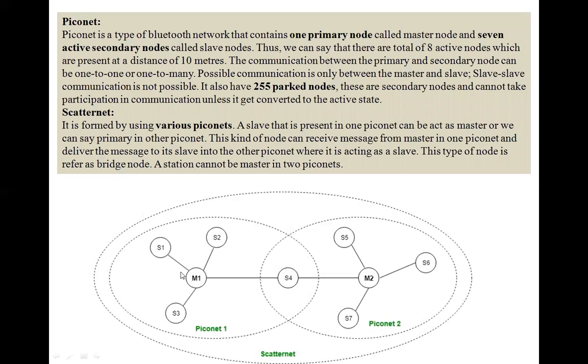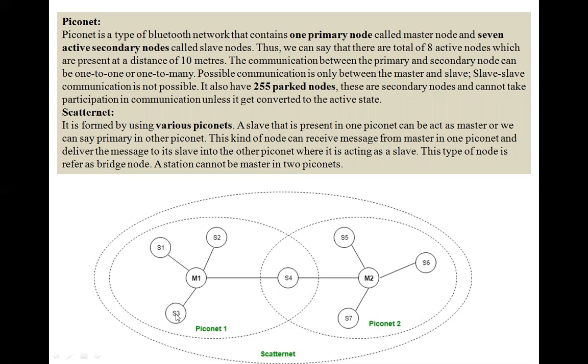This slide is showing you the piconet and scatternet. Piconet 1 and Piconet 2 are both shown in the bottom diagram. You can see M1 is the first one, a mobile or primary node, and the slaves are S1, S2, S3, S4. So it builds Piconet 1.